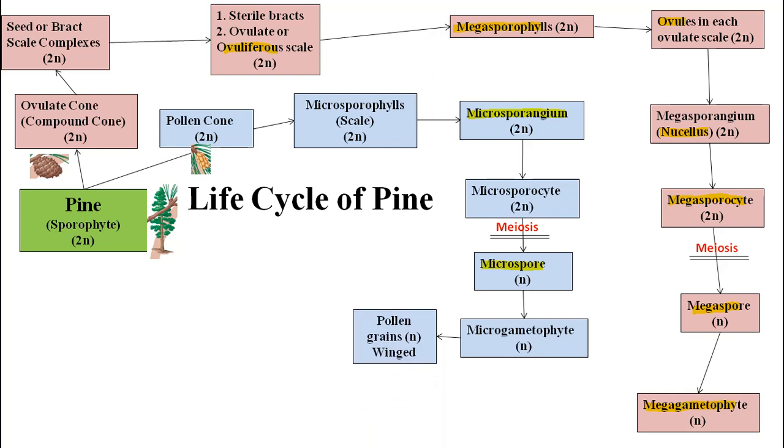The microgametophyte will then develop pollen grains which are winged, and because of these wings, the pollen grains fly with the wind and fall on the ovulate cone. When they fall on the ovulate cone, they germinate a pollen tube and transfer their pollen nuclei to the ovulate cone.